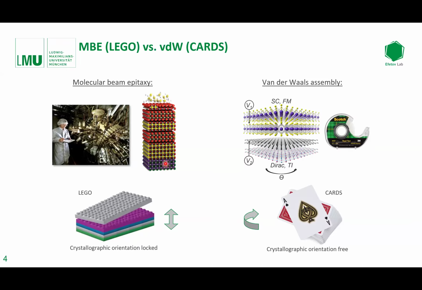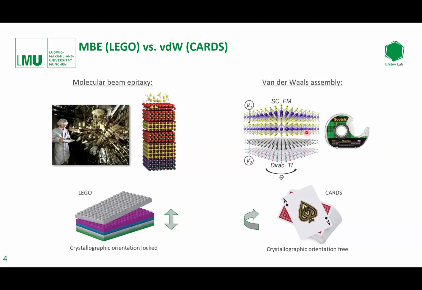These techniques did not allow you to change the crystallographic orientation of the layers. One had to rely on the fact that each grown layer inherits the crystallographic orientation of the underlying parent substrate, and therefore you could only grow layers one by one in the same crystallographic orientation.